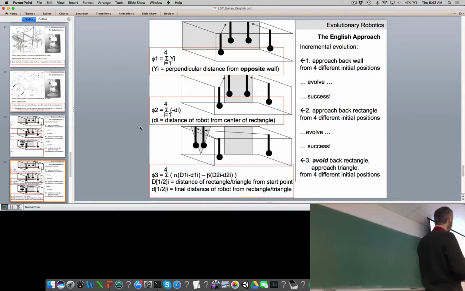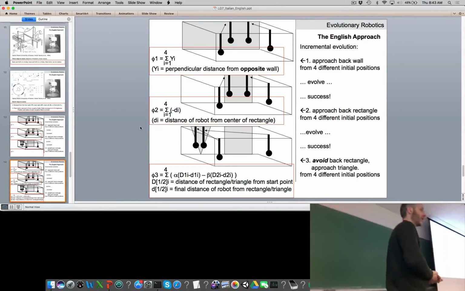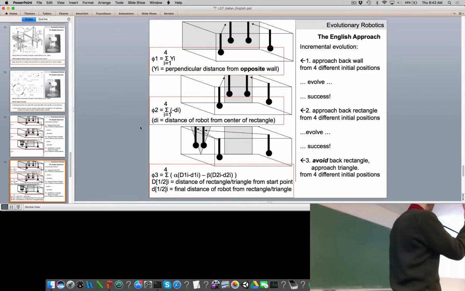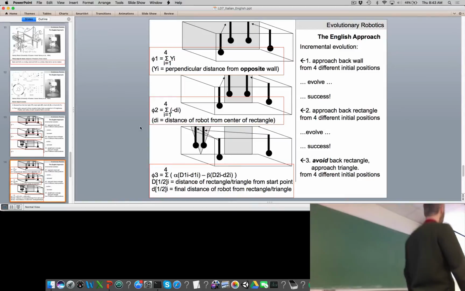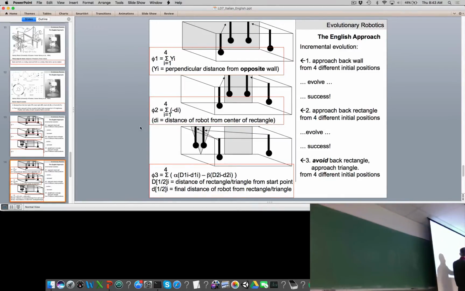This is the fitness of the robot in the ith environment. Simplest thing in this case is just perpendicular distance from the opposite wall, so the front wall. We want to maximize the distance from the front wall. We're assuming everything is going to increase here. Next one, again, pretty simple, summing up over all 4 environments, the distance of the robot from the center of the rectangle.